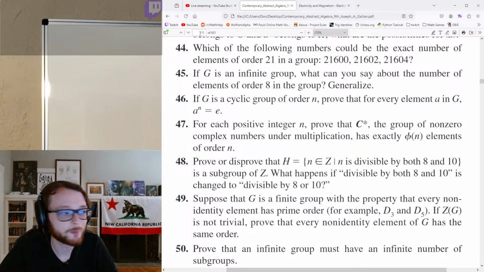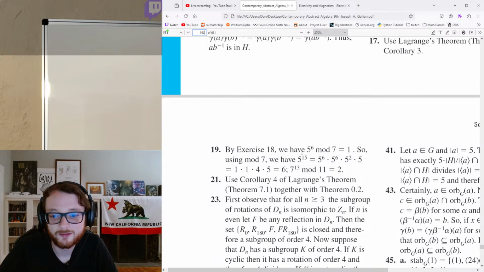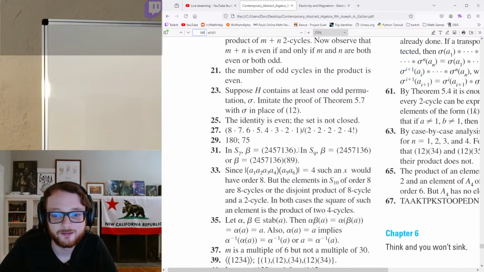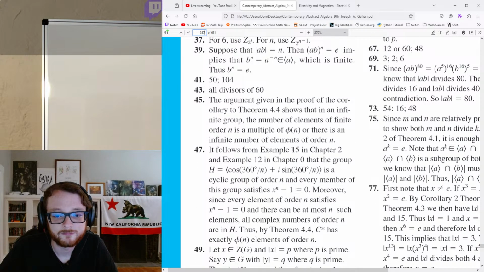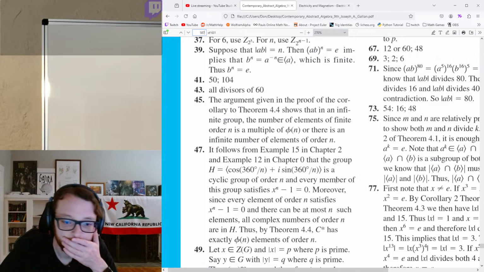I'm going to take a peek at the back of the book for this one too, because I want to see how they actually say it. I feel like I've found the idea. Oh, dang it.